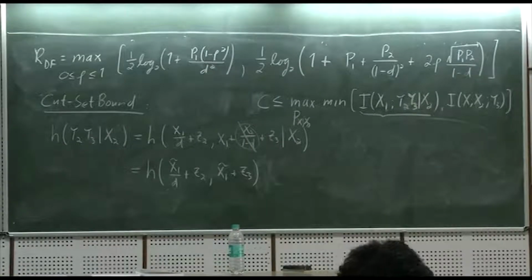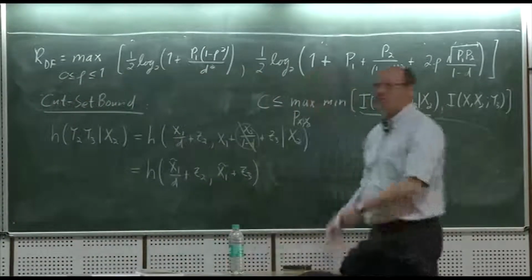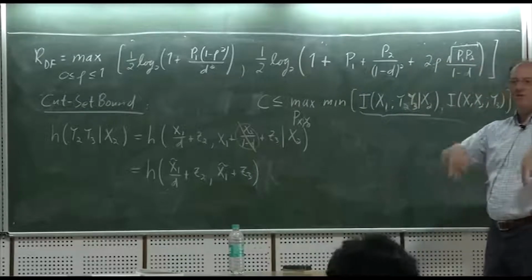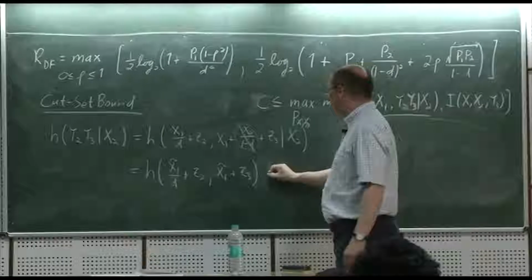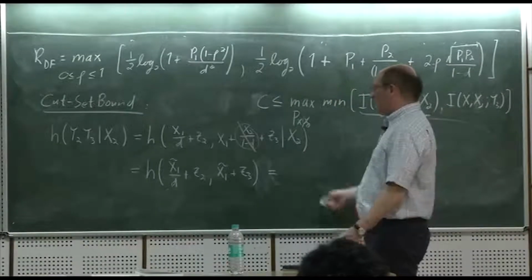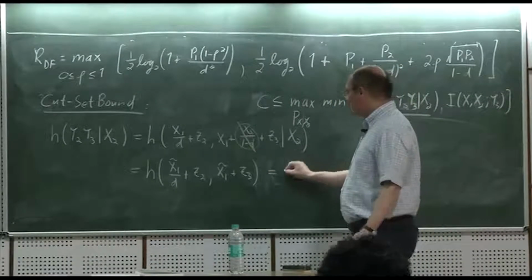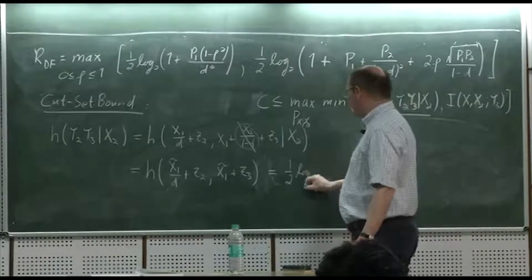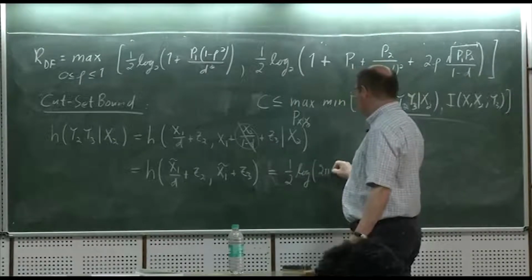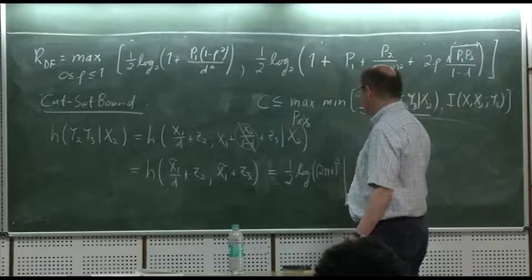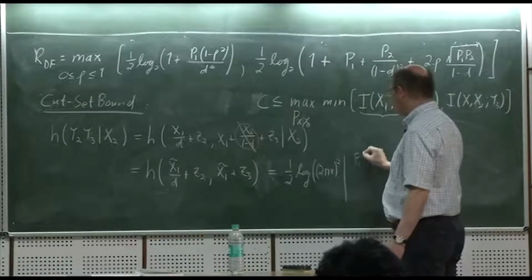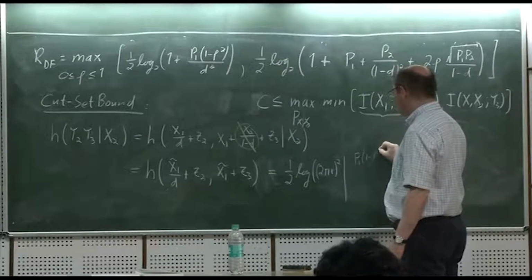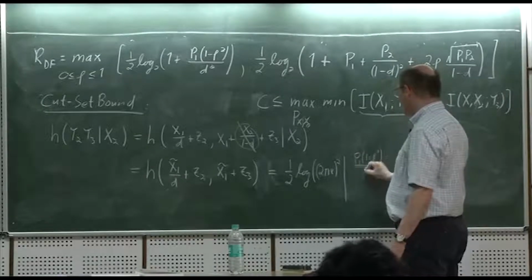If I was programming this in MATLAB, it wouldn't be so much of a problem to make the whole matrix, and then you take determinants, but it's a little bit harder here. So what do we get? Well, now we have to do the covariance matrix, 1/2 log 2 pi e squared. Those 2 pi e's always disappear, but we need the determinant of the covariance matrix. What is this? This is going to be p1 1 minus rho squared by d squared plus 1.